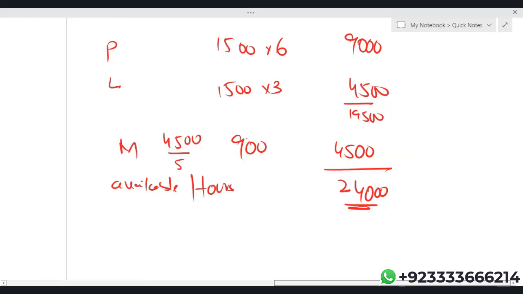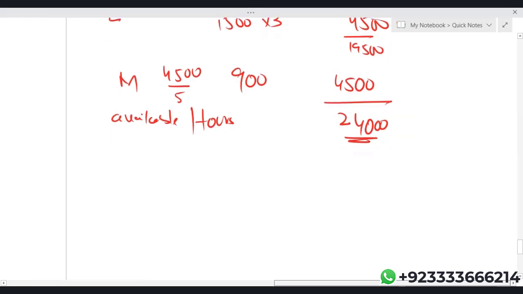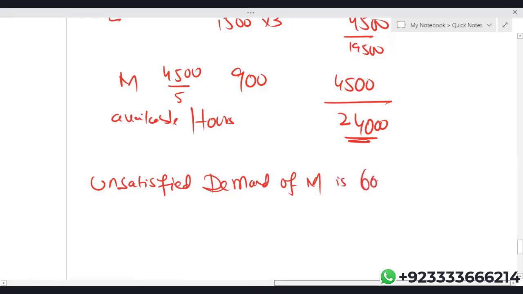Now, the demand for M is still there, but we can only manufacture 900. It means the unsatisfied demand of M is 600 units, since the demand is 1500 and we are making 900. So 600 of the demand is unsatisfied.